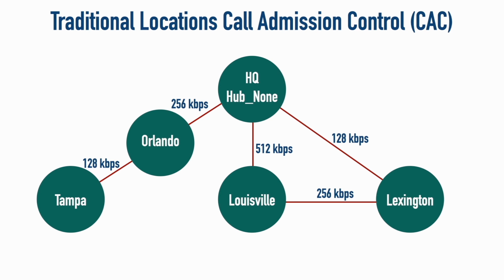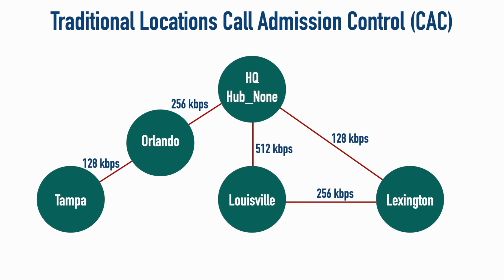Locations would not view that correctly. Locations would think that we could be using 128K going to Tampa while simultaneously using 256K going to Orlando. That's not going to work because that 128K available to Tampa, that comes over the Orlando link. Because of situations like these, traditional locations can break down if we have anything other than a hub and spoke topology. So how do we address this?